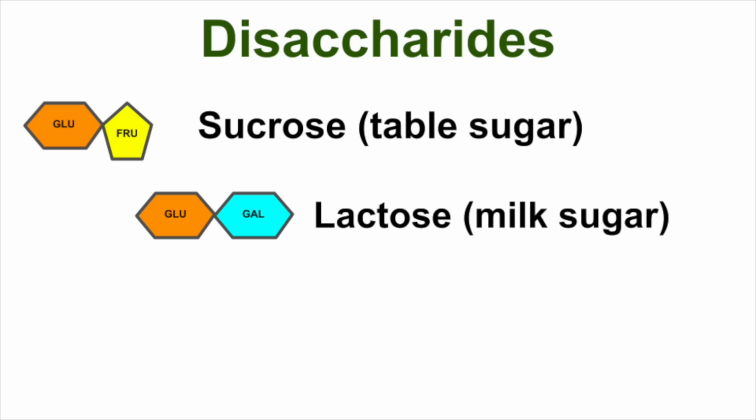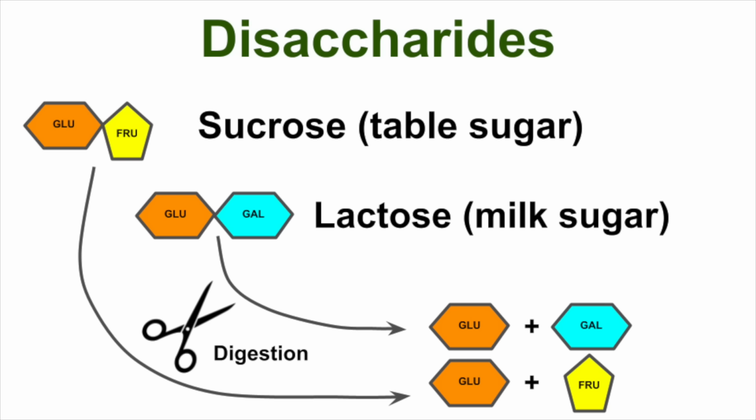Another example of a disaccharide is lactose, milk sugar, which consists of 1 molecule of glucose and 1 molecule of galactose. When we eat a disaccharide, our body needs to digest it before the simple sugars can be absorbed into the body. Digestion here means that enzymes are secreted into the small intestinal tract, and these enzymes then cut these connections so that now we have simple sugar molecules that can be absorbed.